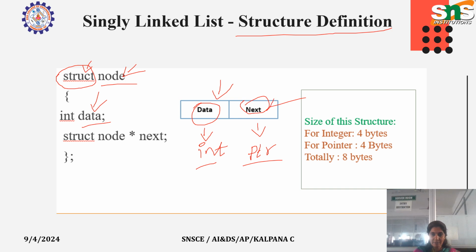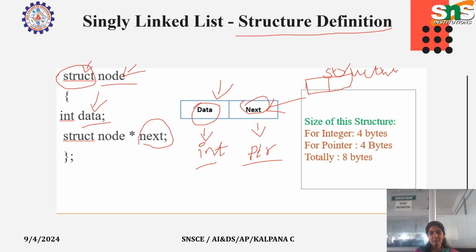What does this next field contain? This next field contains the address of the next node. Am I right? So the next node is actually of what type? It contains again two fields, a data field and an address field. So it is actually a structure of two things, data and the address field. For that purpose I am mentioning struct node star next.